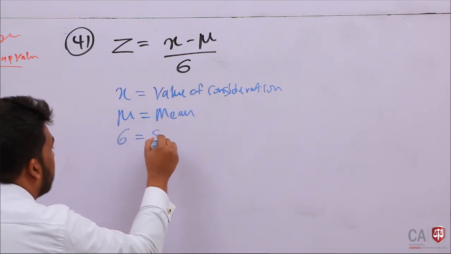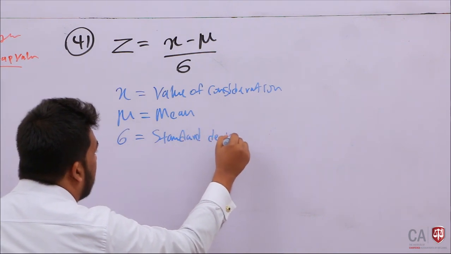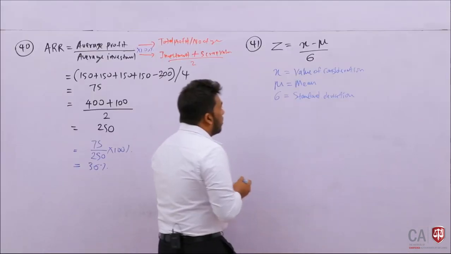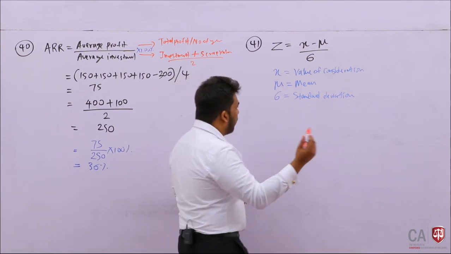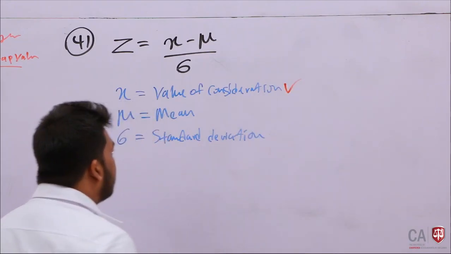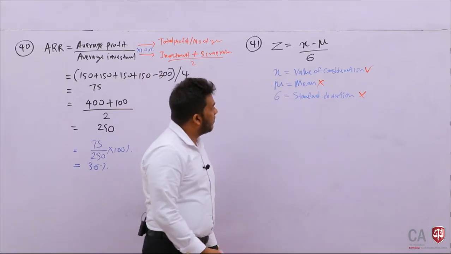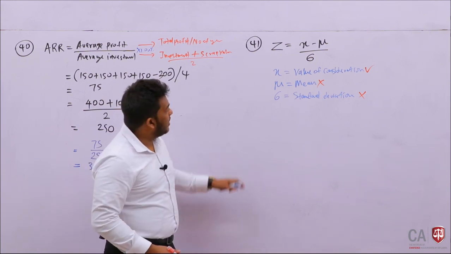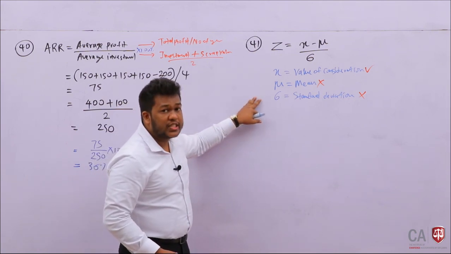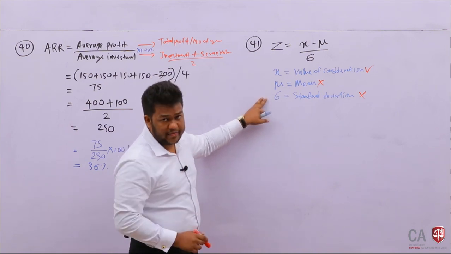This is the standard deviation. Now tell me which of these you have now. Value of consideration, value will be there now. Mean, no, you don't have. Standard deviation, you don't have. But you have to see whether these can be used or these can be calculated indirectly.